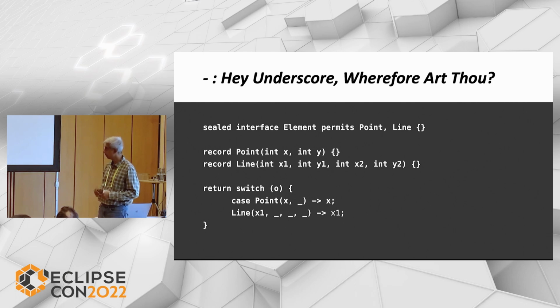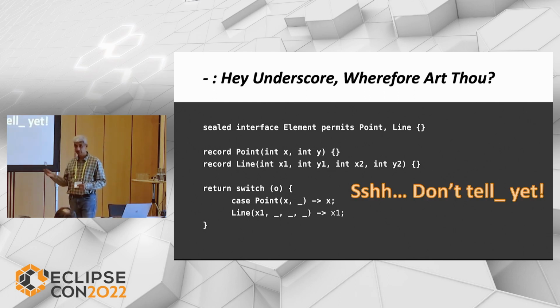You're returning a switch, switching on a pattern of a point, but I don't care about the Y, I care only about X, so you can put underscore. So that's how underscore got promoted, though we still haven't implemented it yet. That's going to come soon.